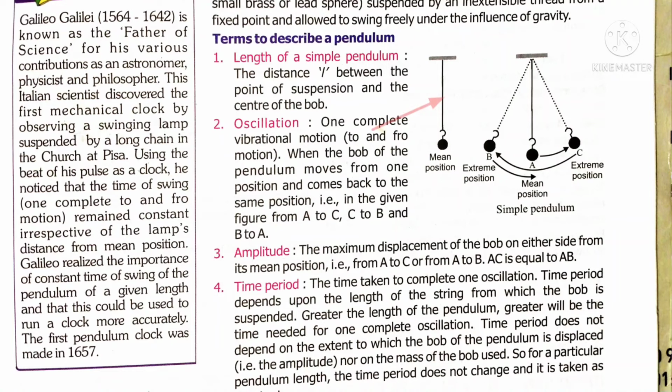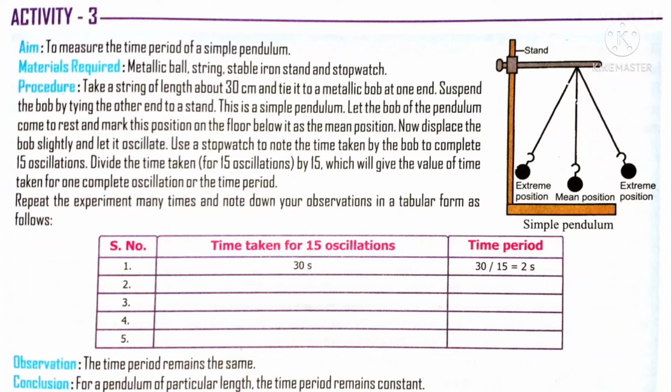If the length of the string in which the bob is suspended is short, then the time taken will be very less. The time taken by the simple pendulum depends upon the length of the string in which the bob is suspended.